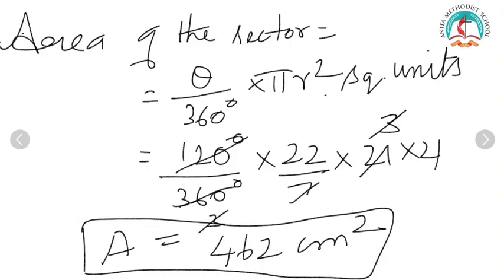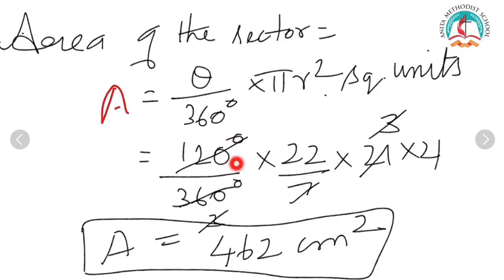Now we have to find out the area of the sector. Area of the sector, A is equal to theta by 360 degree into pi r square units. Children, we know the formula already. We know the theta value, 120 degree.